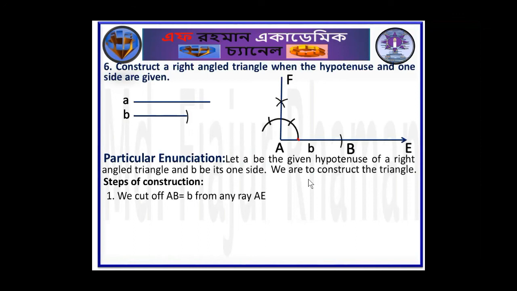But in your second step, you just have to write: we draw AF perpendicular to AB at the point A. It is enough to write.